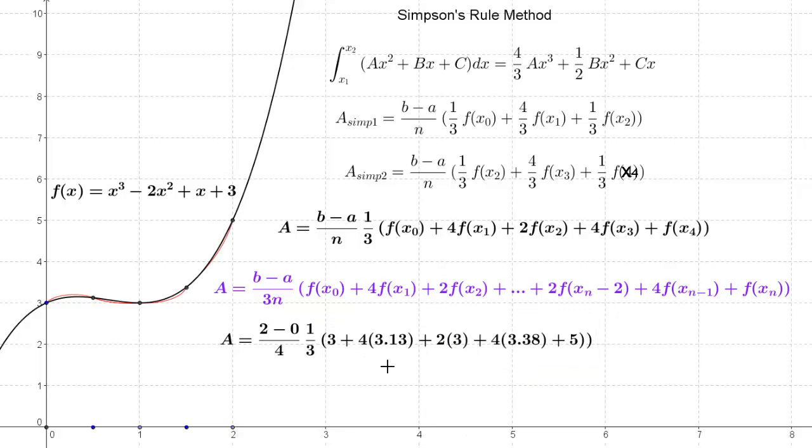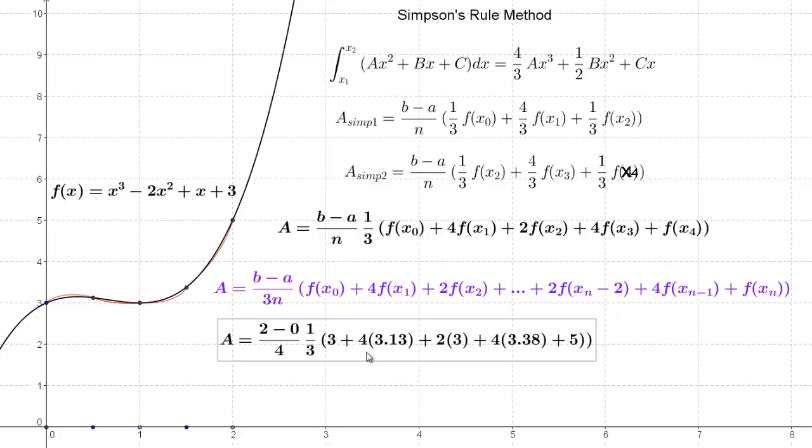And then our middle terms go 4, 2, 4, beginning and ending with 4. It's important to note that Simpson's rule must be used with an even number of subintervals. Otherwise, we won't have this 4, 2, 4 pattern and it will break down.